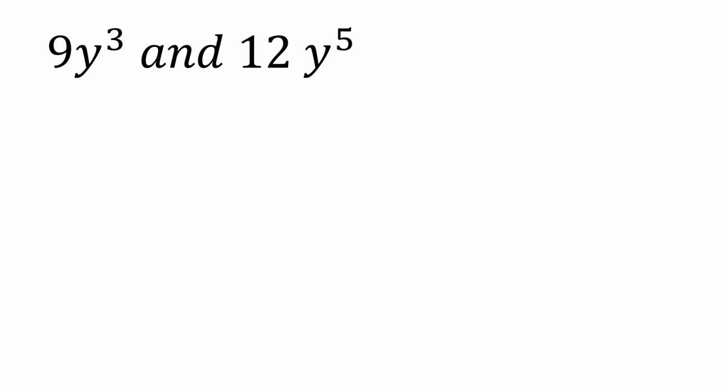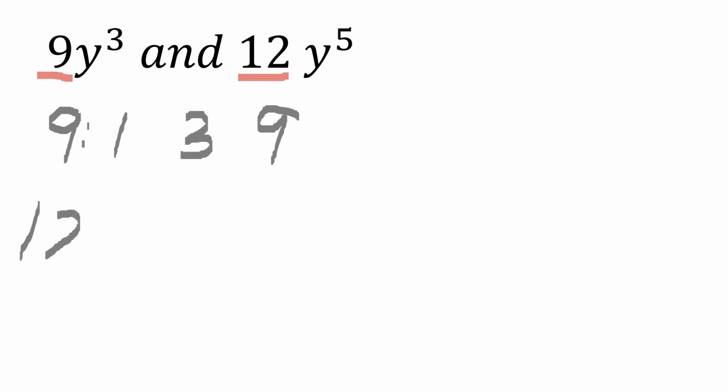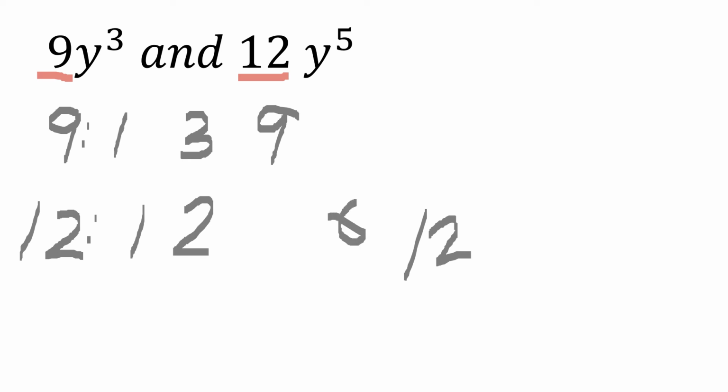Okay, so what if we have this expression? So let's deal with the numerical first. 9 and 12. So the factors of 9 are 1 times 9 and 3 times 3. We will just write 3 once. 12, the factors of 12 are 1 times 12, 2 times 6, and 3 times 4.